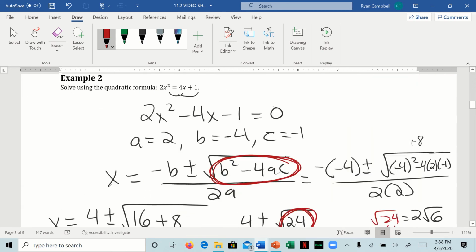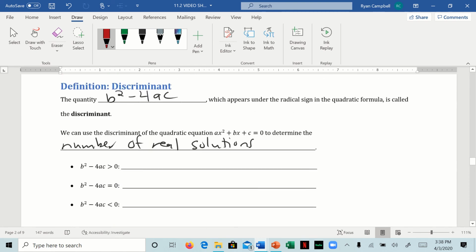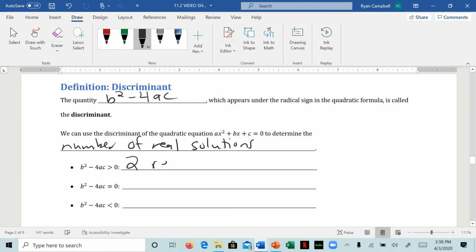So if it's positive, we end up with 2 real solutions. Remember, we're only dealing with the real numbers. For those of you who know about complex numbers, we're not dealing with that in this class. And it's not just real, it's unequal. Some people might say unequal real solutions.